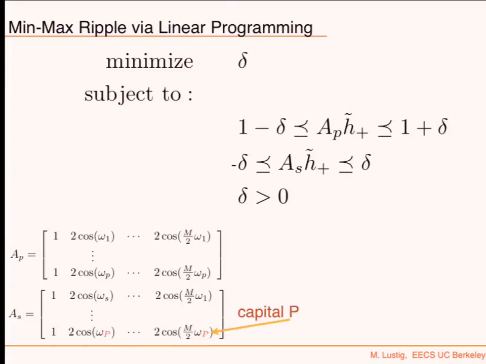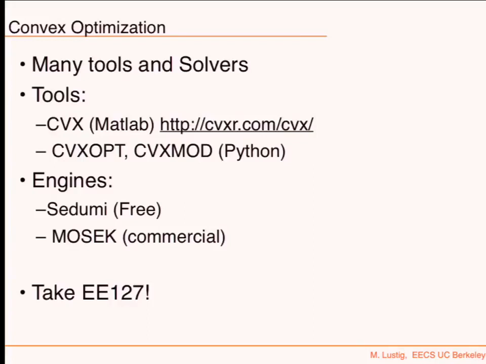And basically what you do is construct matrices. You construct A in the passband, you construct A in the stopband, and you put these matrices in constraints. There's many tools to solve this. For example, CVX in MATLAB is a good one. CVXOPT and CVXPY in Python. They have engines like SeDuMi. These are free engines, and some of them are commercial engines that solve the linear program.